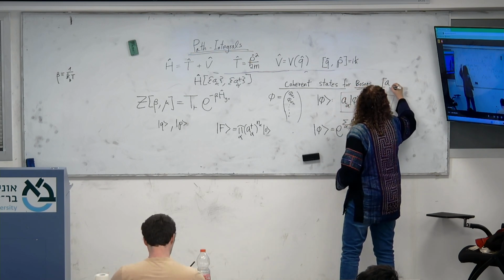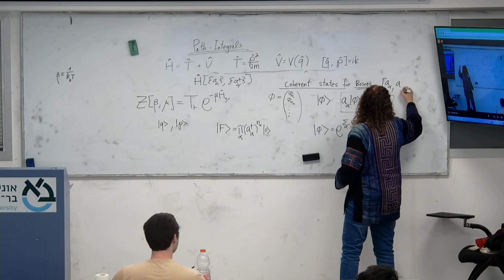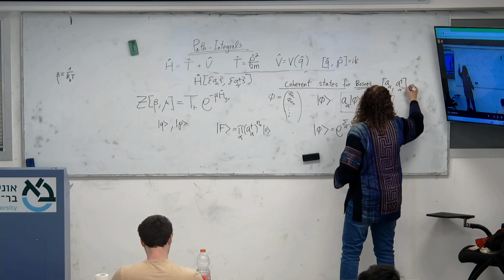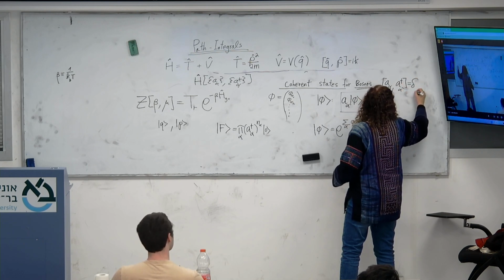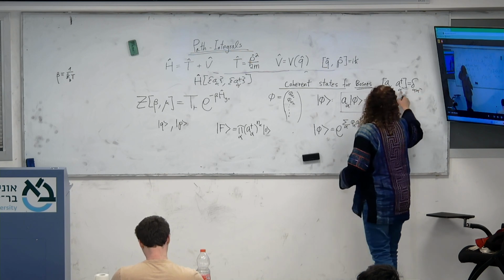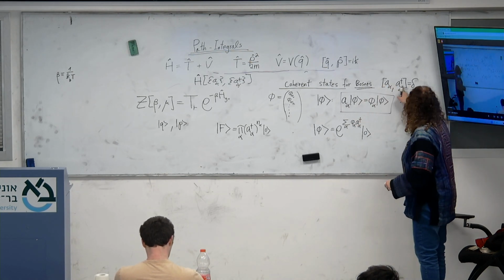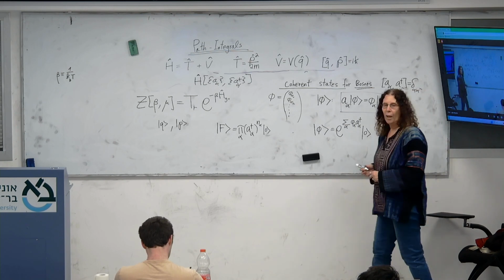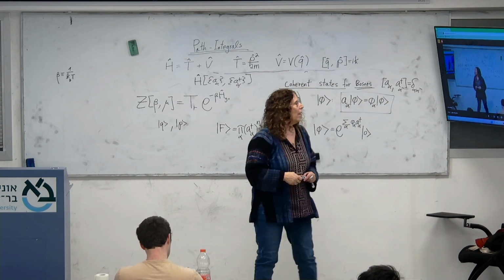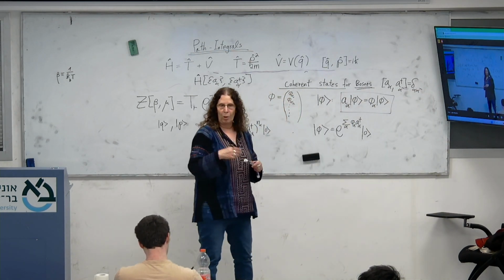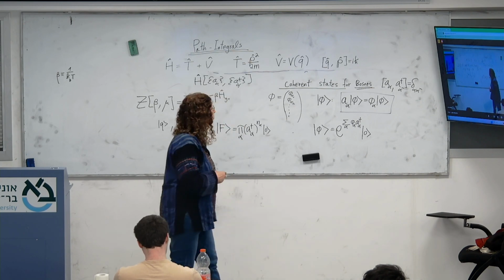For bosons, I have these commutators: the commutator of A alpha with A dagger alpha prime gives delta alpha alpha prime, and the commutator of A with A gives 0.